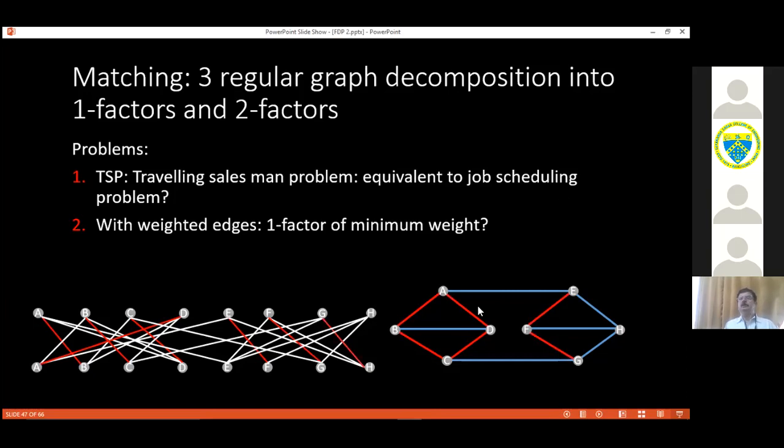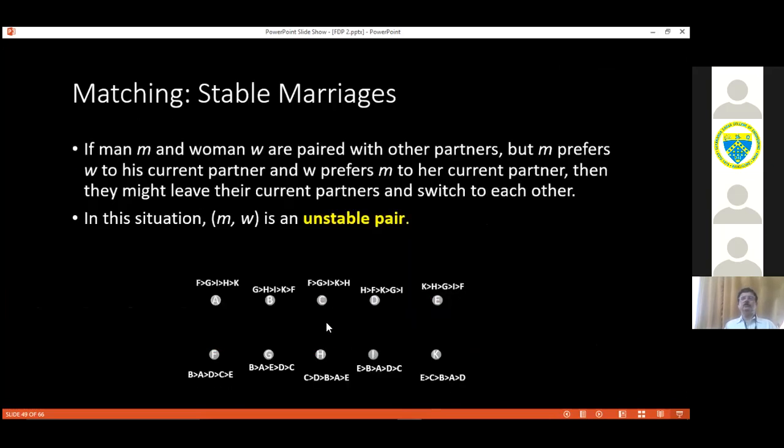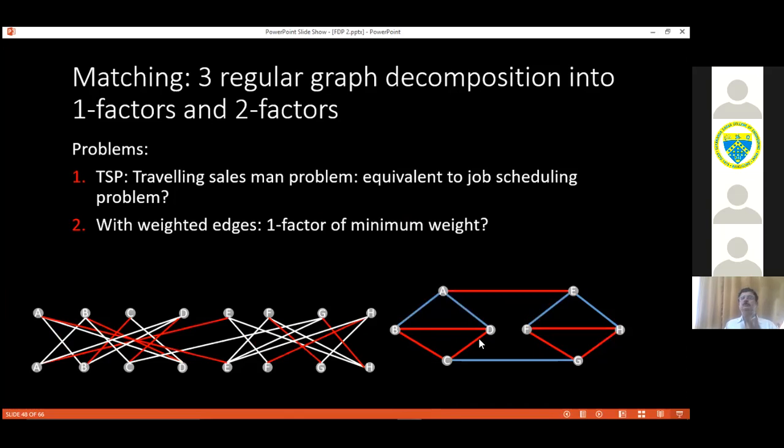These red colors are nothing but a spanning subgraph, regular of degree 2. Again, with one more matching, I'm getting one more 2 factor.